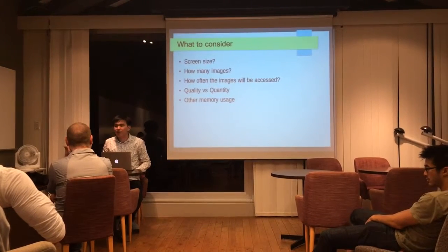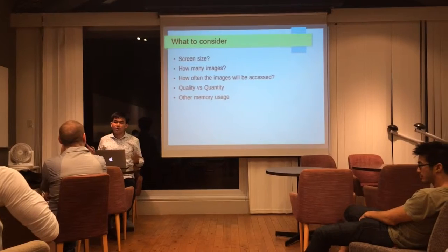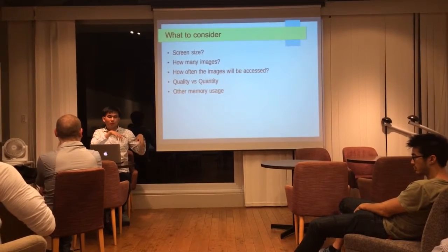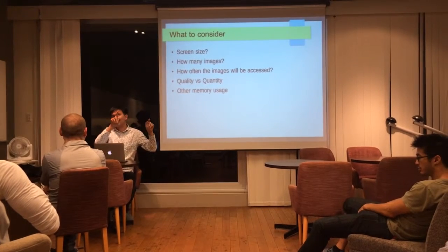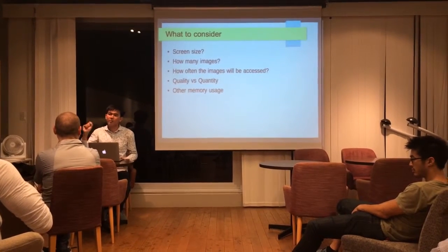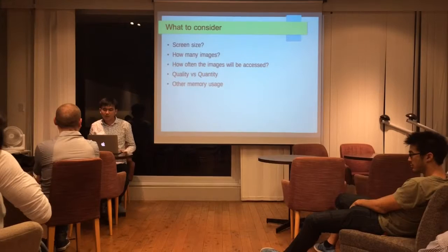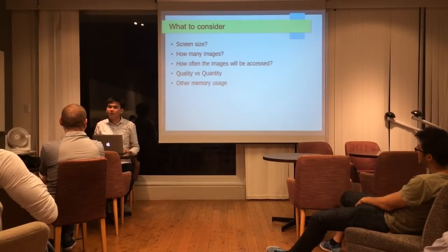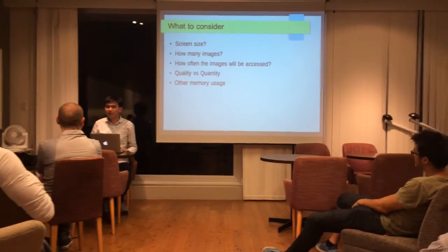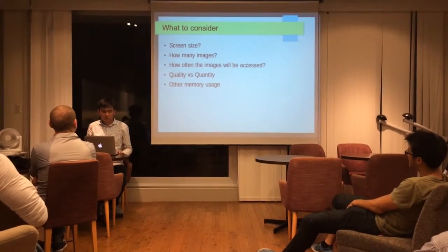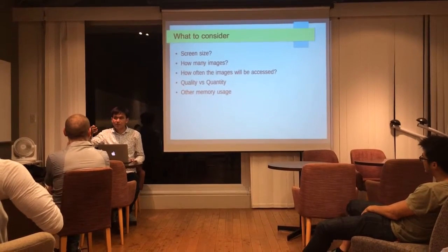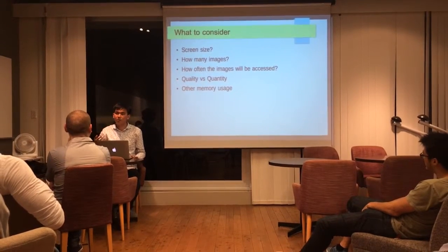And then the quality versus quantity. Which one will you prefer, the big resolution image or the small image? I think it's better to take the quantity one, because for the quality we can reload it again in the background thread. The user expects that the bigger the image, the longer it will take to load.